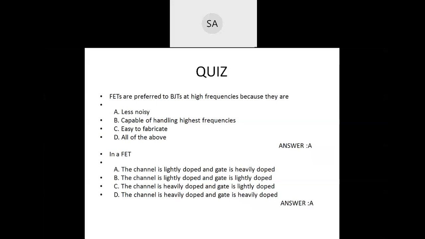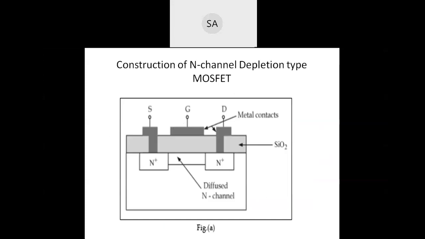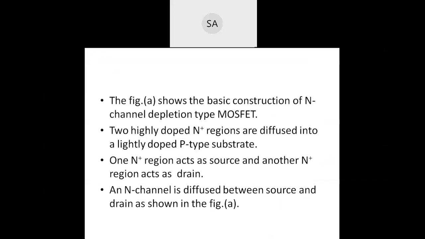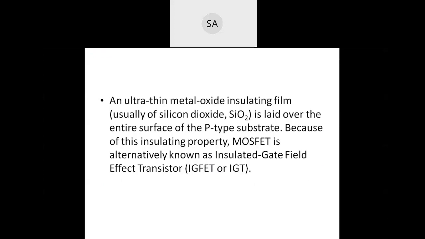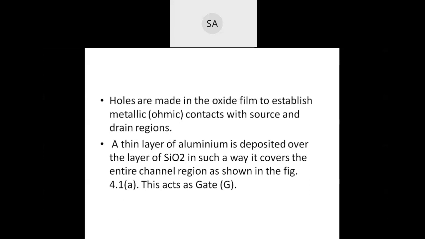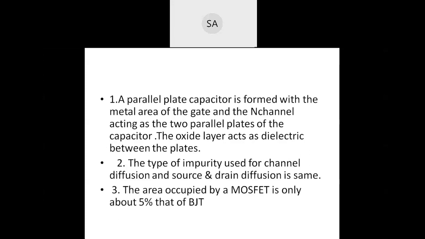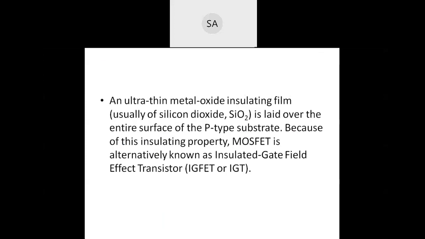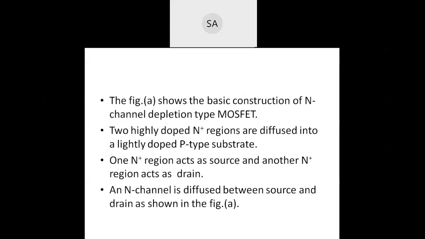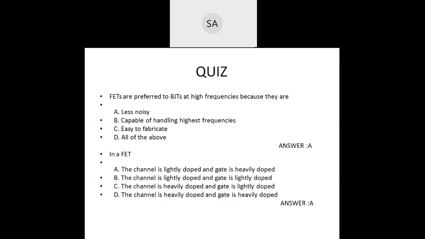We discussed this in the construction: the two highly doped N regions are diffused into the lightly doped P-type substrate. So the channel is lightly doped and the diffusions are heavily doped.